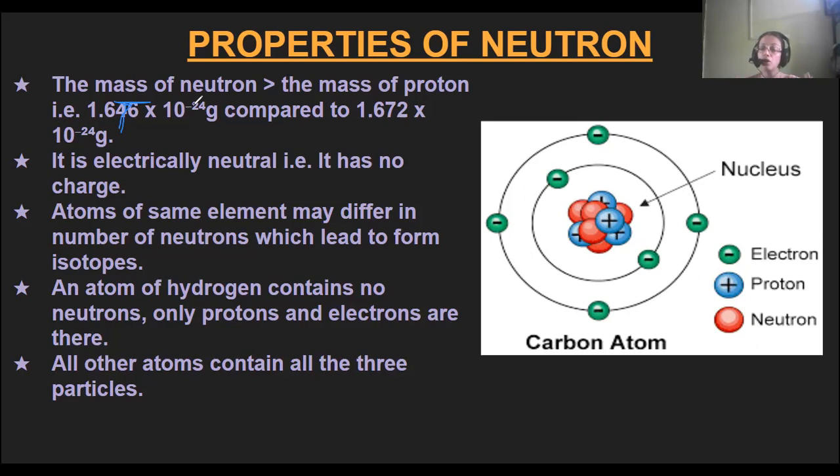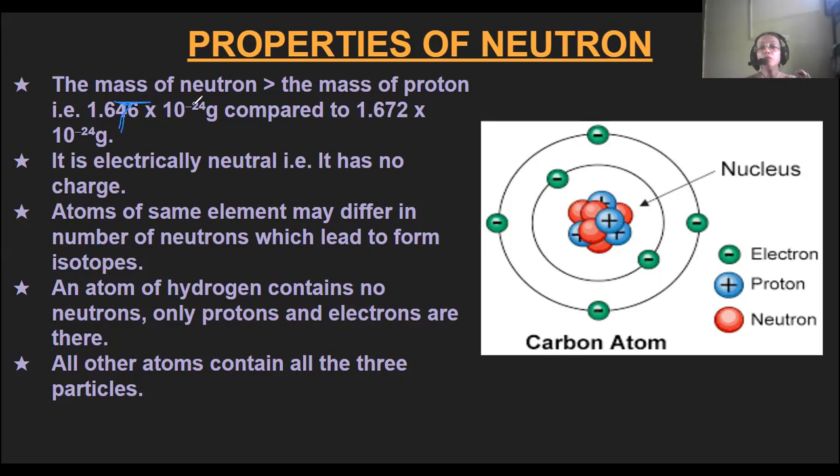One atom has a certain number of neutrons, and another atom of the same element has a few more or a few fewer neutrons than the previous one. That makes them isotopes of the same element.